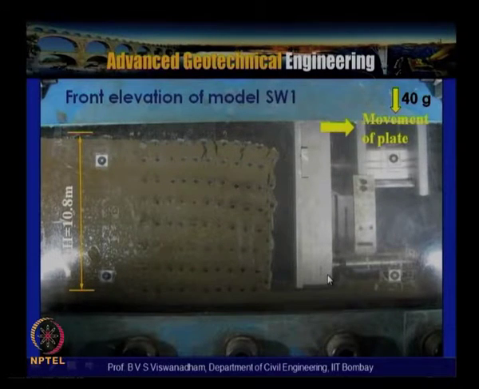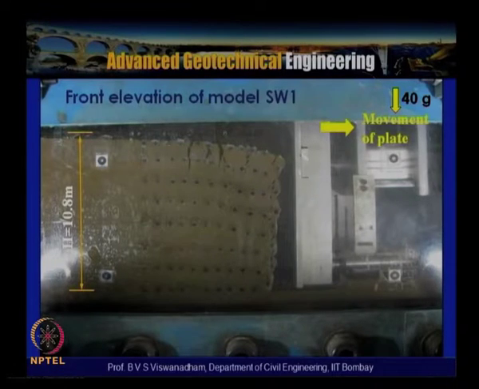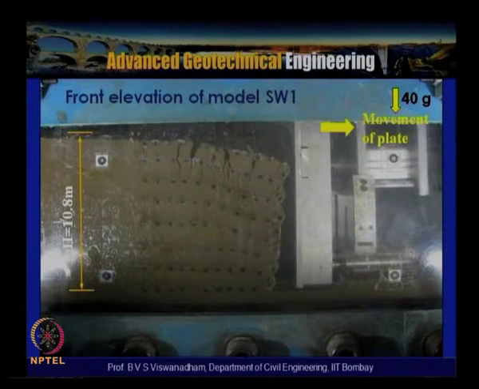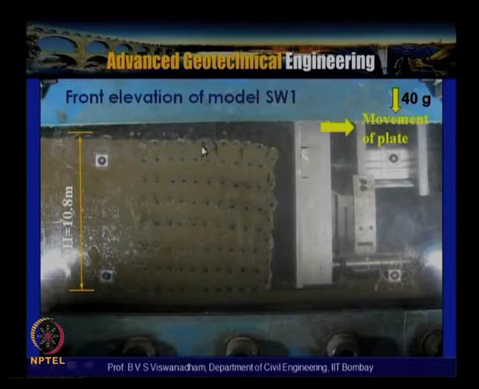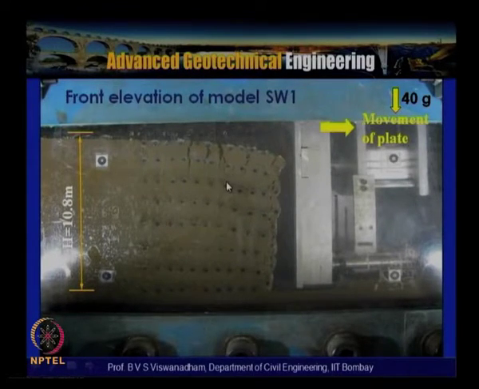This is the type of test which has been done at IIT Bombay using the developed in-flight wall support system at 40 G. This is a typical reinforced soil wall constructed with marginal backfill material, which is compacted at the wet side of the backfill.